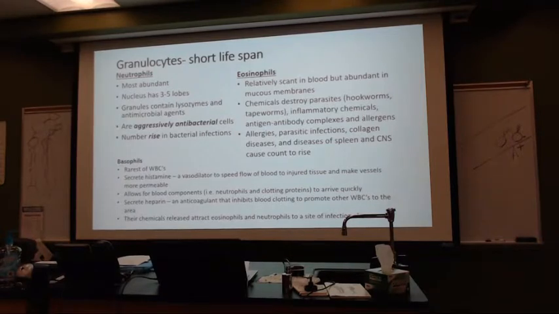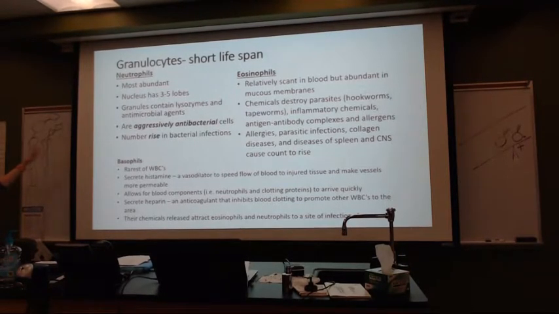Under the granulocytes, we have our neutrophils, eosinophils, and basophils. Their lifespan is short, usually just days. Five, seven, ten days.